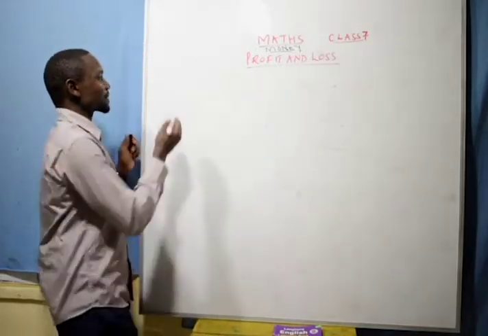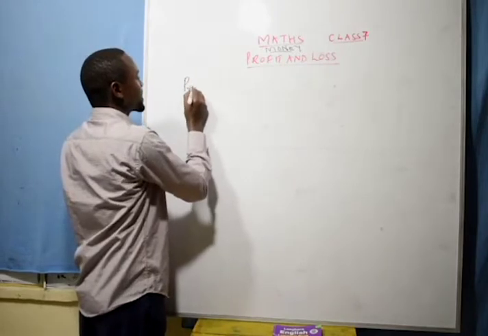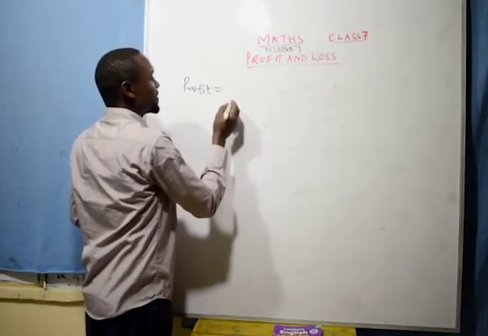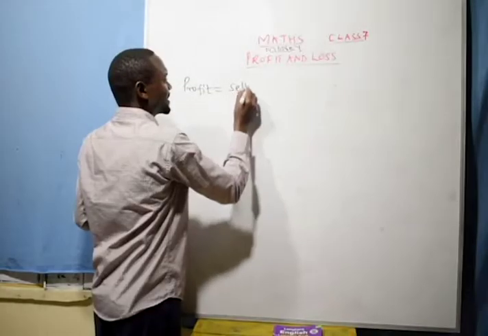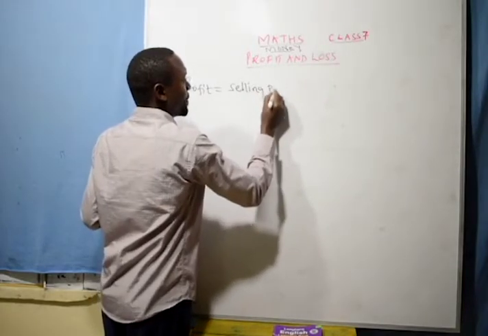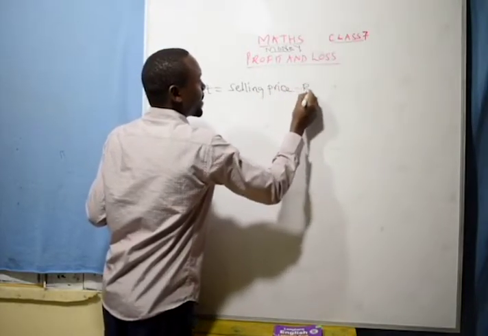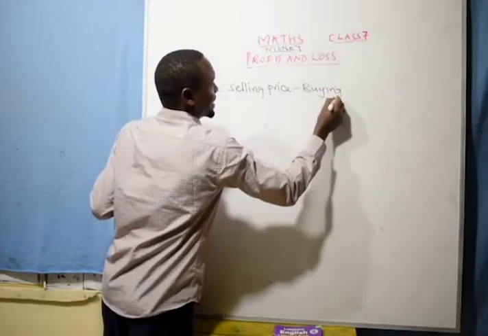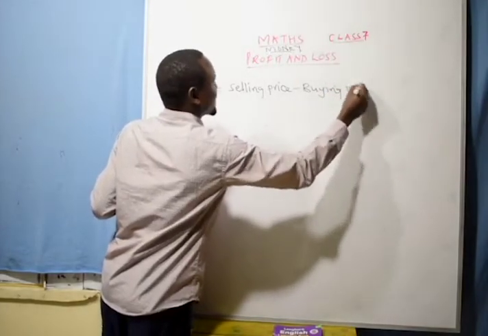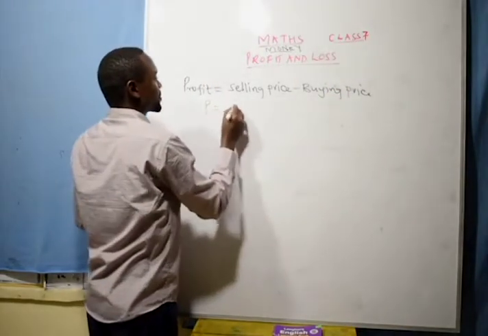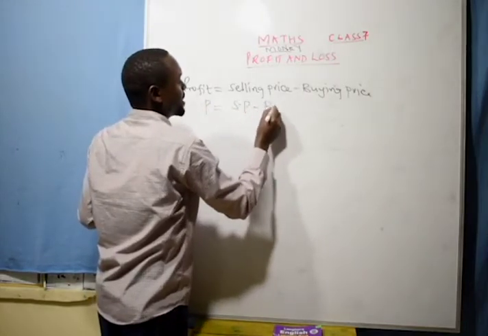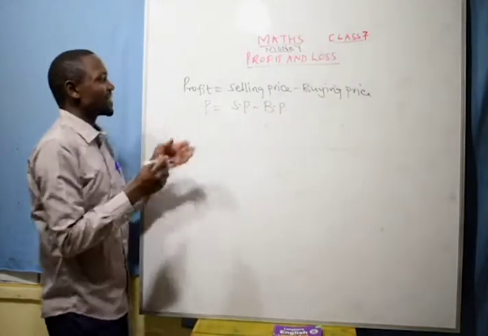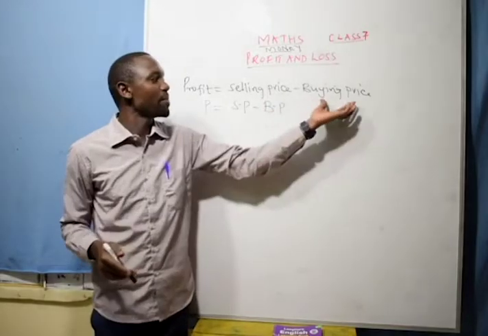So in this case, we say profit is given by the selling price minus the buying price. In this case, the selling price is higher than the buying price.